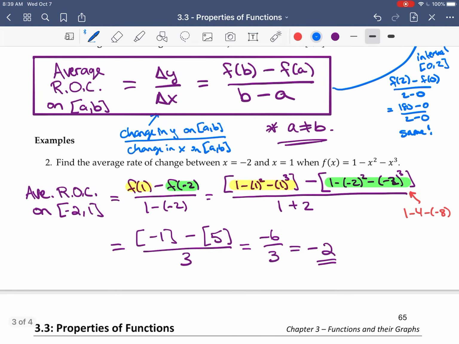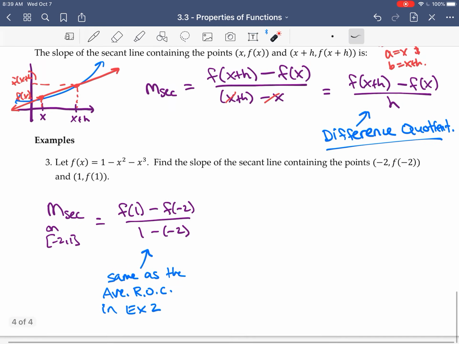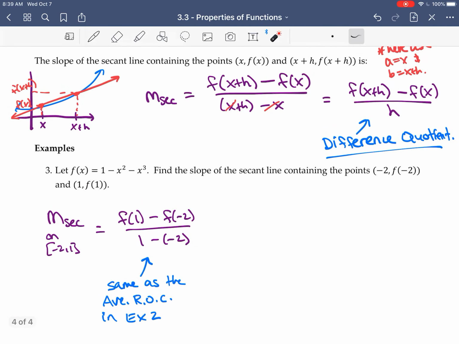Yeah, so in the one we just did, the f function is the same, and we're looking for the exact same thing. So the average rate of change is actually equal to the slope of the secant line on the same interval. So we know that this is equal to negative 2. It's the same as before, so we don't have to go through all the work. It's going to be the exact same.